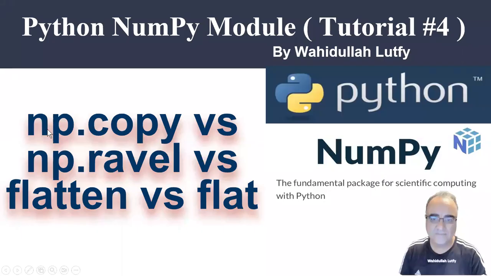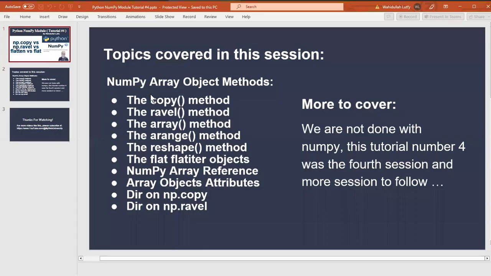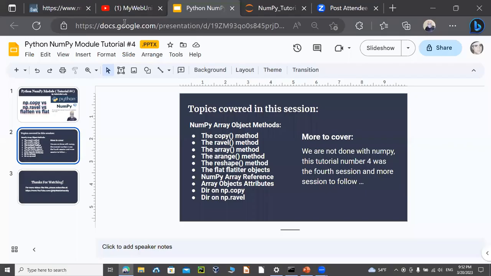We covered some of the NumPy methods, and once you have array objects, you can use a dot flat or a dot flatten, and dot flatten also flattens the NumPy array into a single dimension, like ravel. So flatten is another method that you can just use on the object to flatten the shape. Let's do that one also, and then we finish this video.